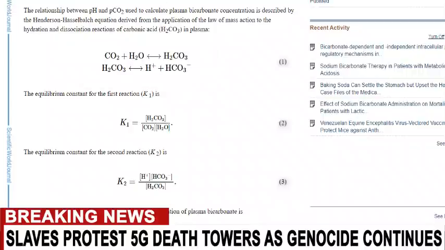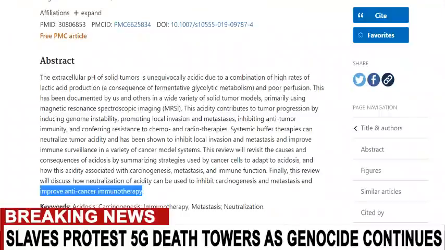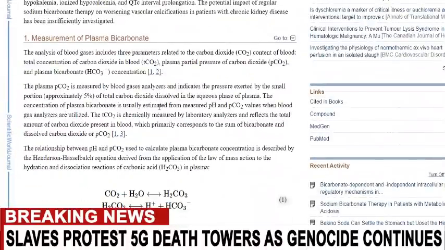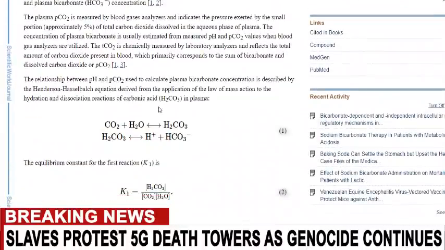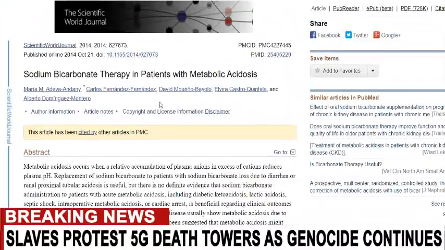I know we've got a better example of this. Maybe we'll get to it, maybe we won't. But the debate has been raging about the overall effects of baking soda in terms of reducing or increasing pH, acidity.